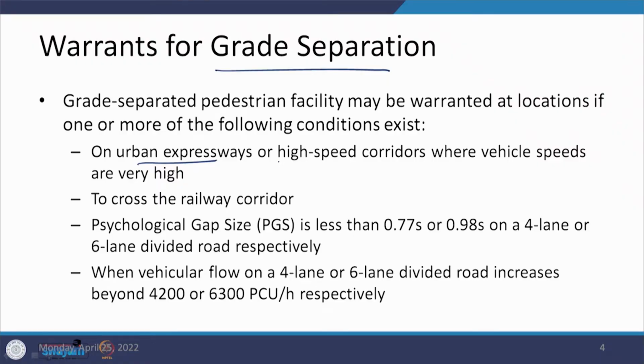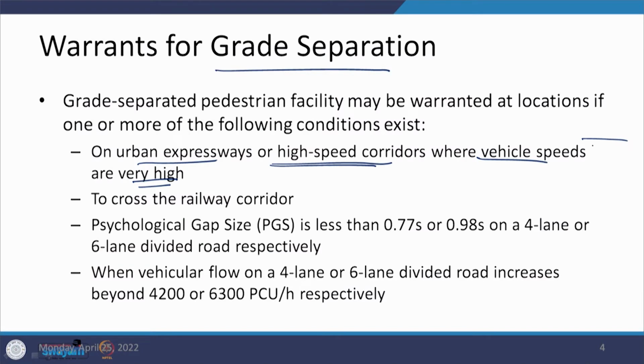Now, what it says is that if you are on an urban expressway or a high speed corridor where the vehicle speeds are going to be very high, in those cases it is always better to go for a grade separation. Obviously, when you are talking about this, the speeds are going to be more than 60 kilometers per hour, and they are going to touch something like 100 or 120 kilometers per hour, and at the same time the number of lanes on this facility are multiple, which may be 4 or more.